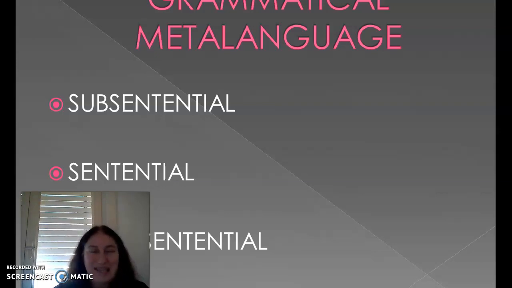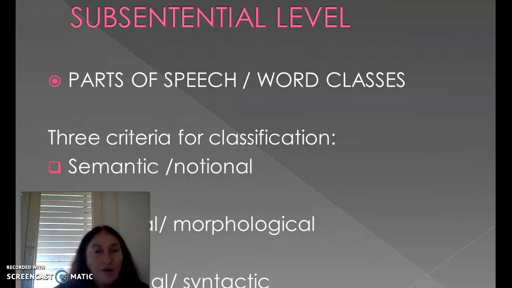What does it mean that they belong to these groups? Now we'll see. When they talk about the subsentential level, the authors refer to the different parts of speech or word classes in English. And they refer to the three criteria used to classify words into the different parts of speech.